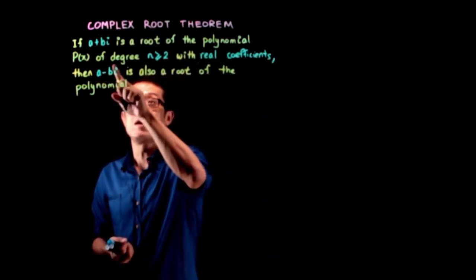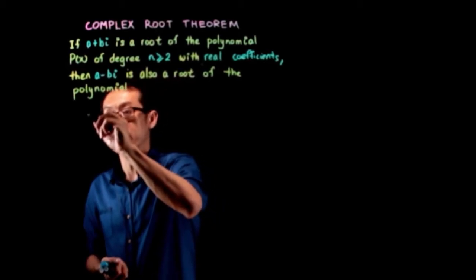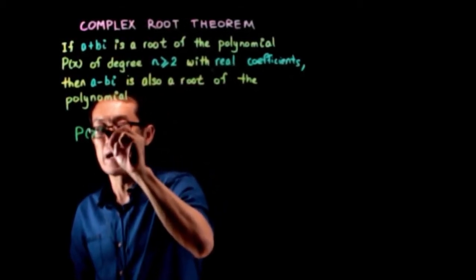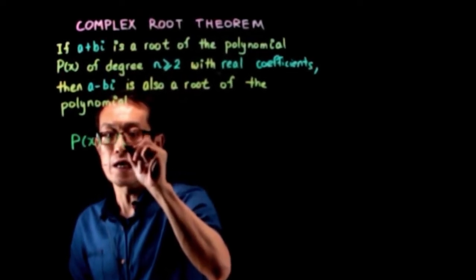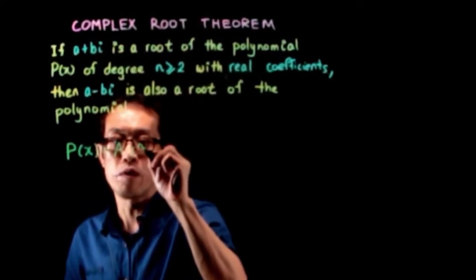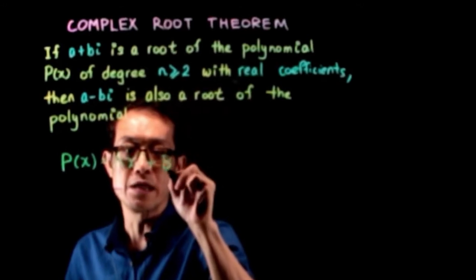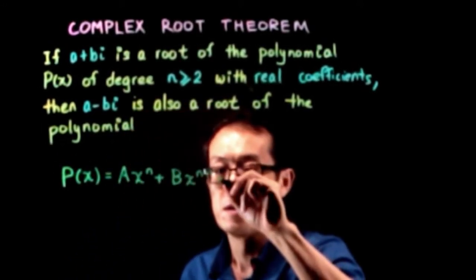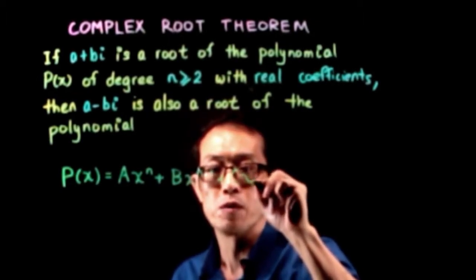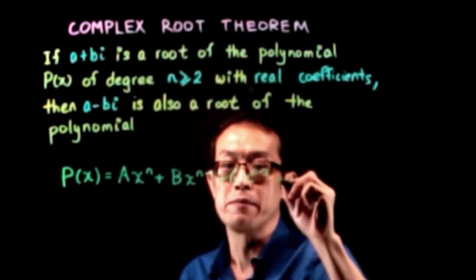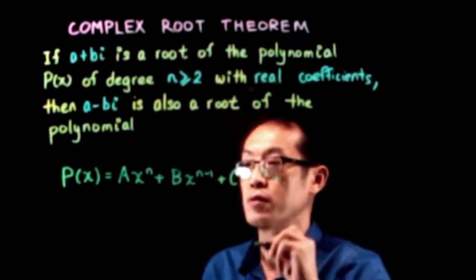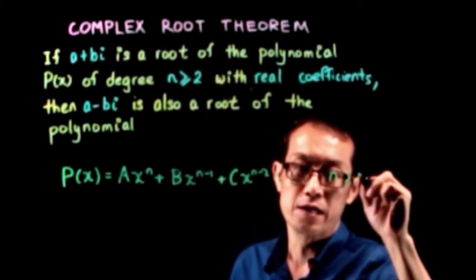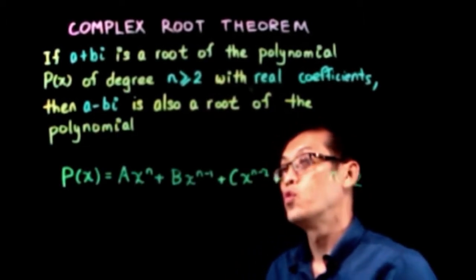Now polynomial of degree n greater than 2 means what? It means p of x can be expressed as a x to the power of n plus b x to the power n minus 1 plus c x to the power n minus 2 and so on, such that n is greater than or equal to 2.